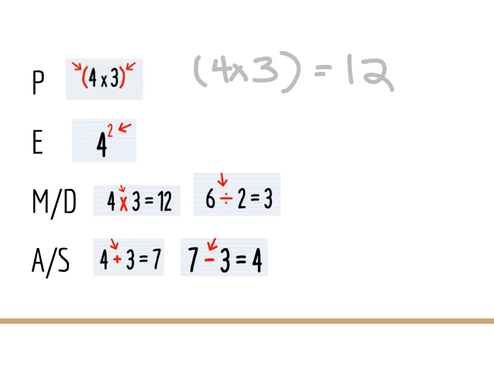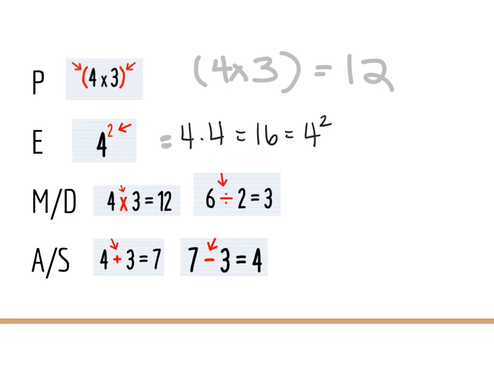It means repeated multiplication. So, for example, 4 squared, or 4 raised to the power of 2, is the same thing as 4 times 4. We know that 4 times 4 is 16, and that's what 4 squared is equal to as well.